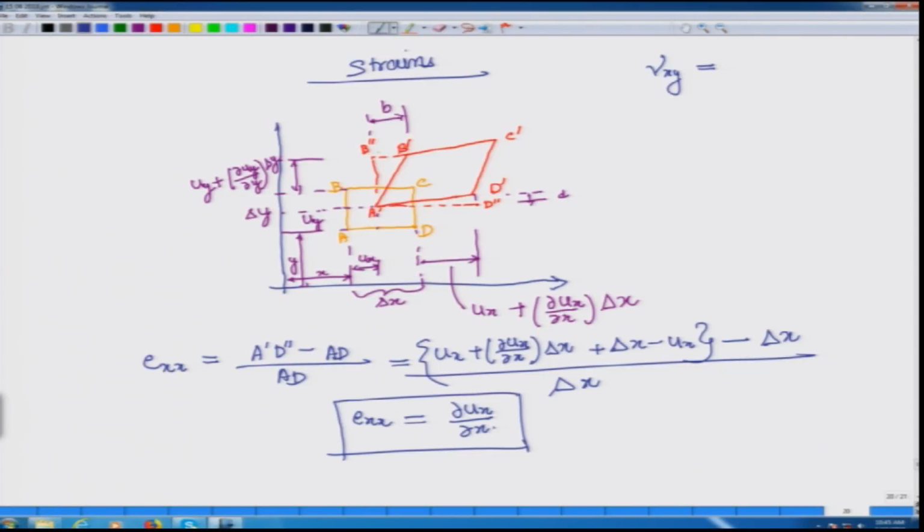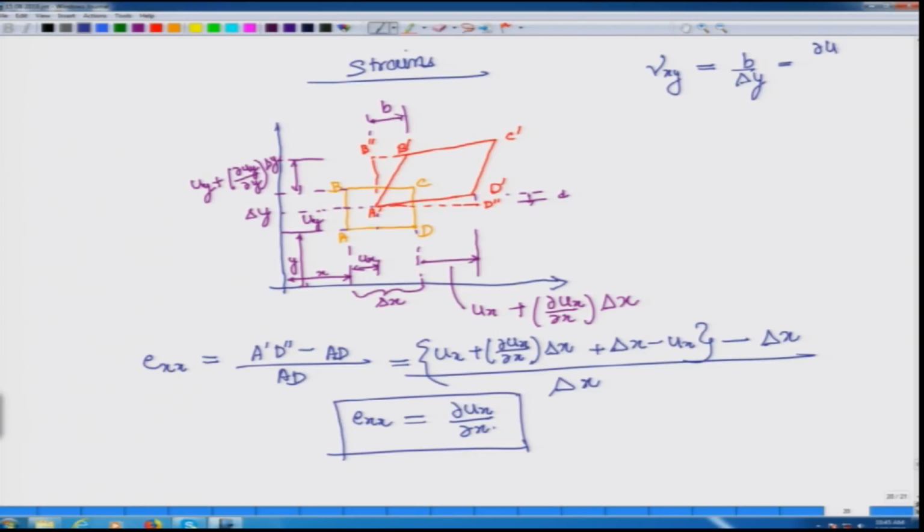So, this is the deformation b in the x direction along the y plane, which is AB.